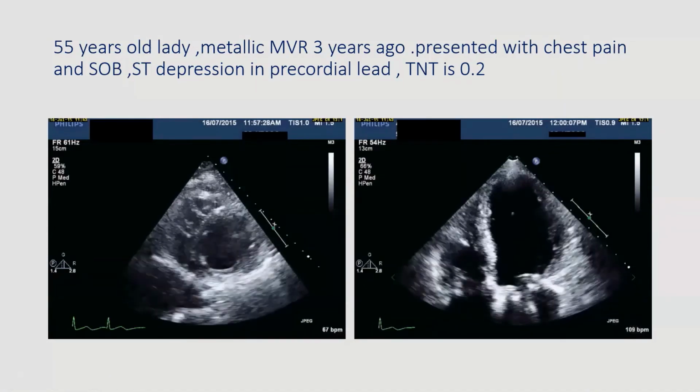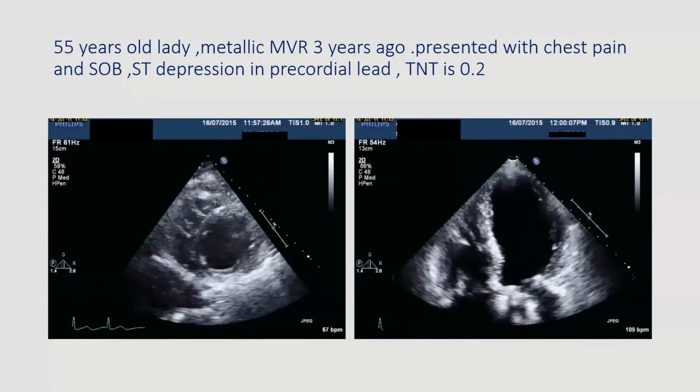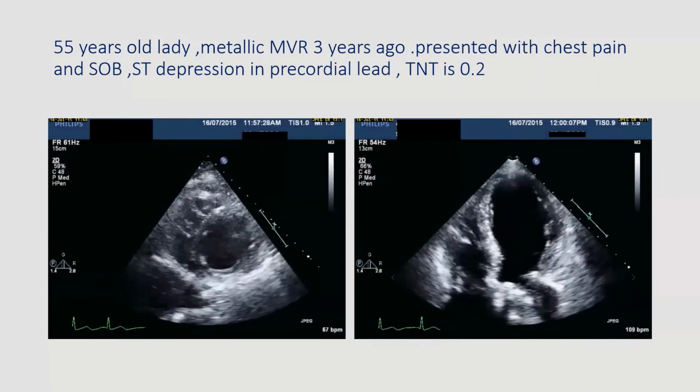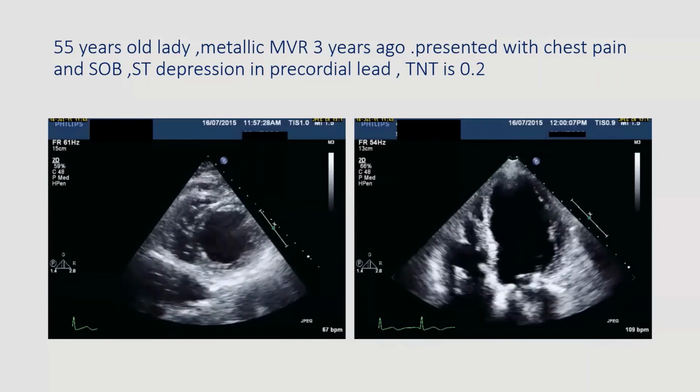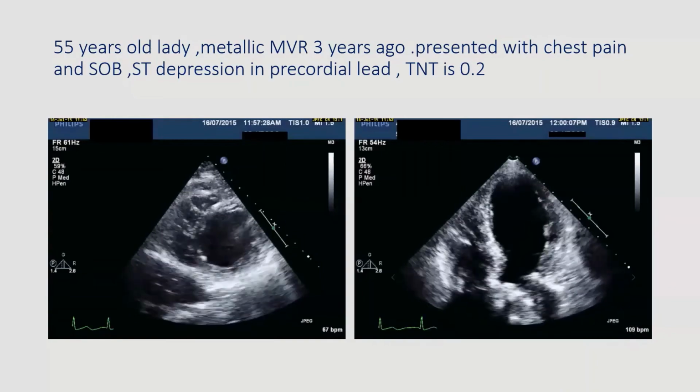The only two conditions I'm aware of that lead to segmental wall motion abnormality in the RV are two: Takotsubo and PE. What else? PE. Yes. Thank you so much.